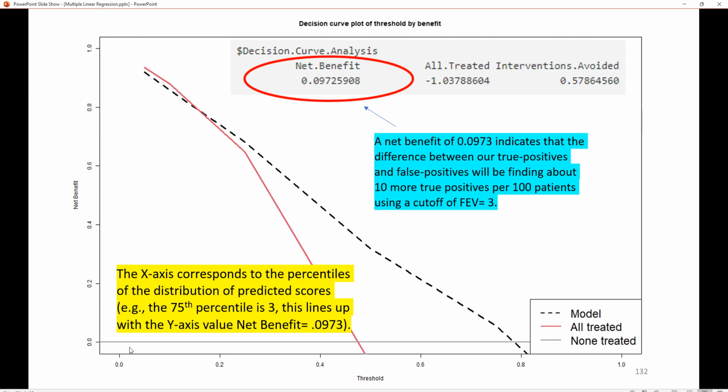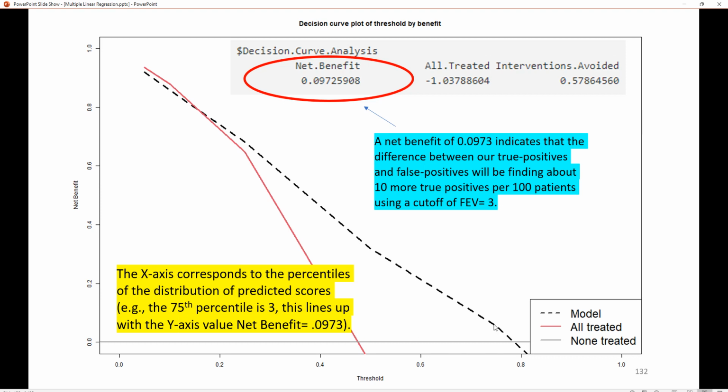And the x-axis corresponds to the percentiles of the distribution of predicted scores. For example, the 75th percentile is 3. This lines up with the y-axis value and a net benefit of 0.0973.